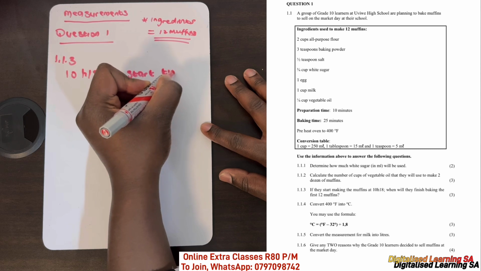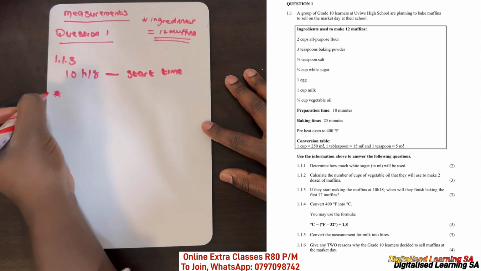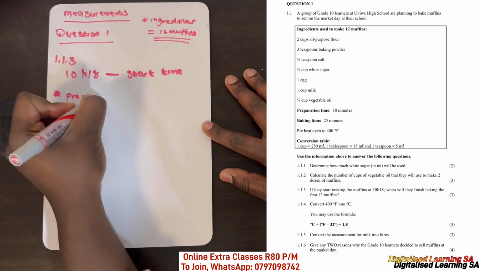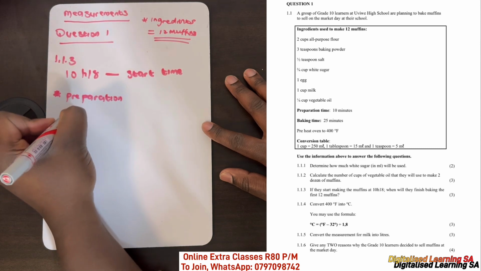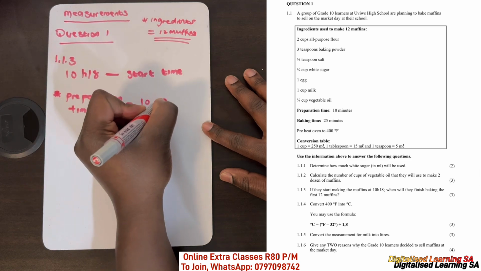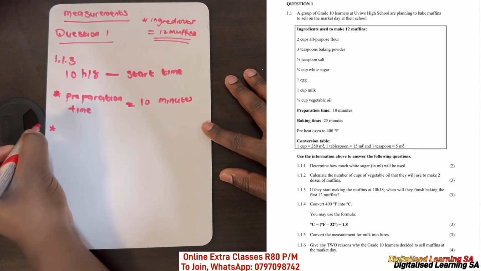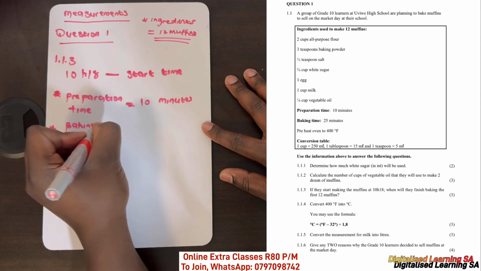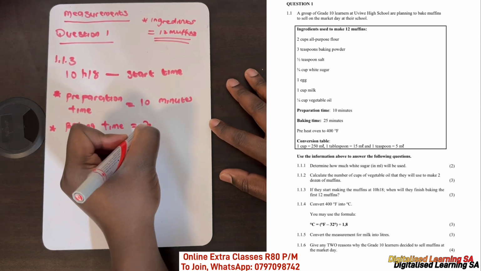If we look at our scenario, we are given 2 times: the preparation time, which is equal to 10 minutes, and the baking time, which is equal to 25 minutes.